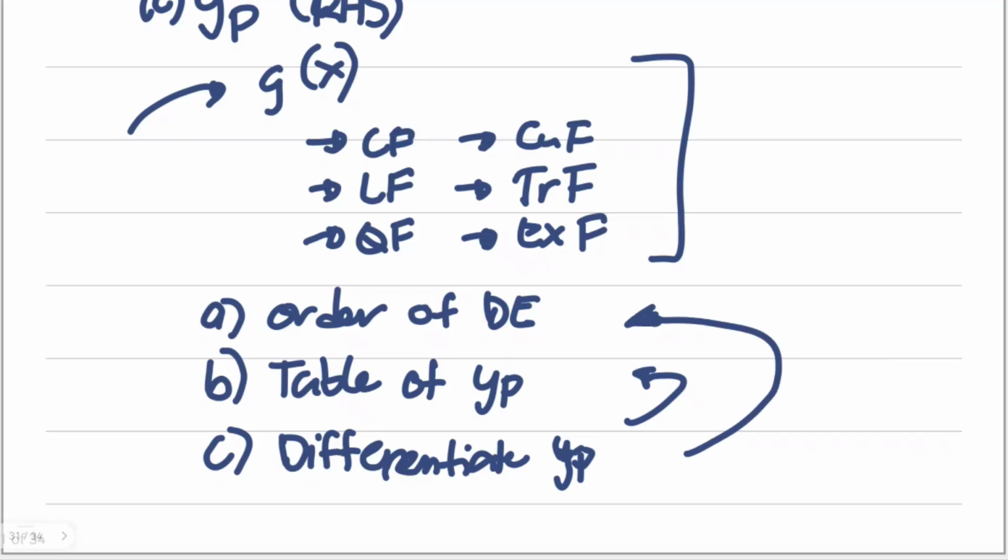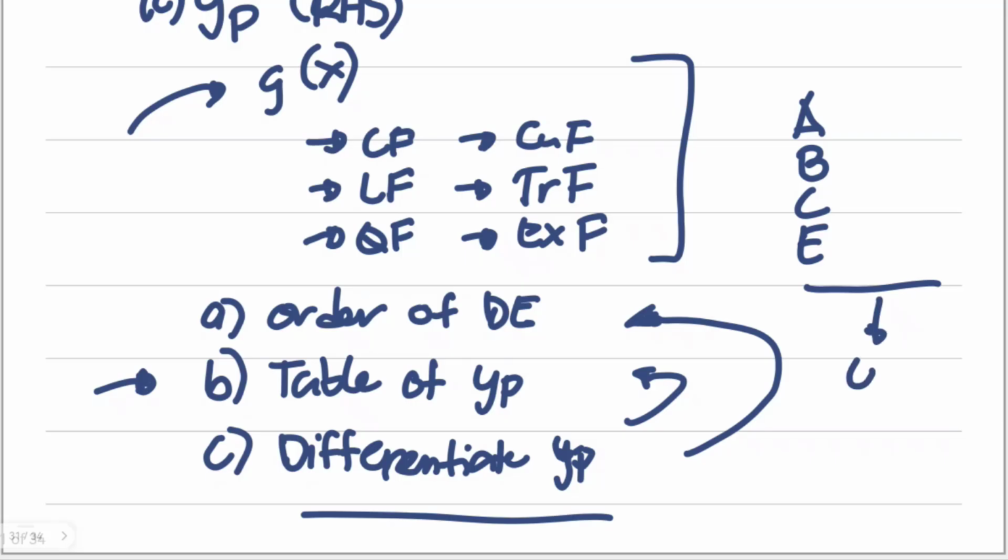So if the order of our differential equation is 3, whatever will be the equivalent in our table of yp, to be presented later on, we're going to differentiate that yp 3 times. Because in our table, we have coefficients to identify. So we are going to solve for the value of yp, connecting the differentiated form to the form pertaining to our g of x.